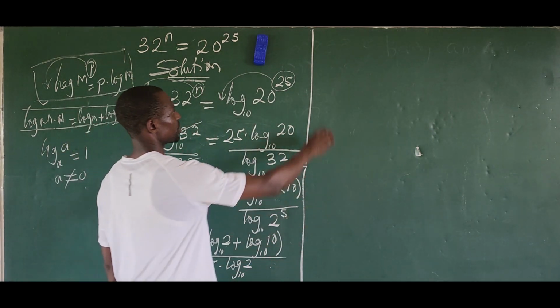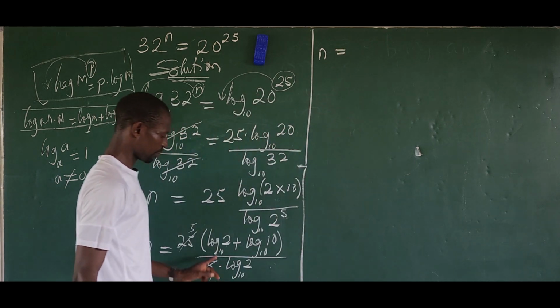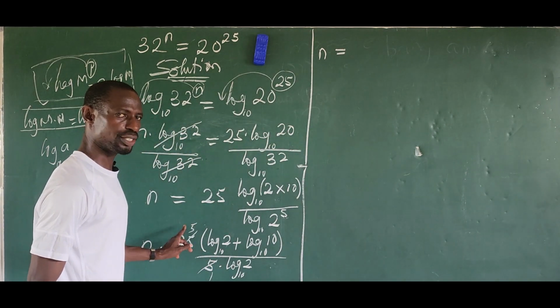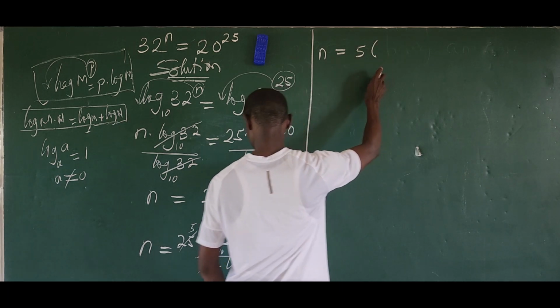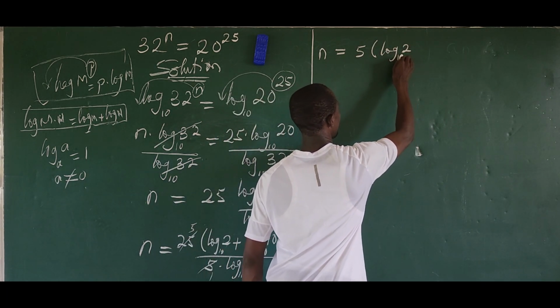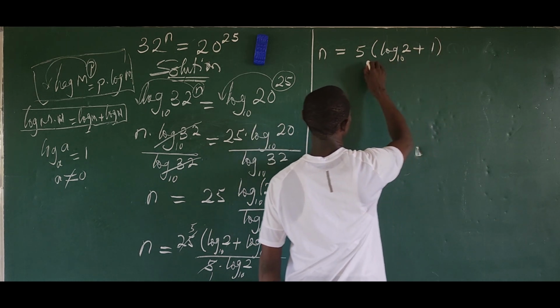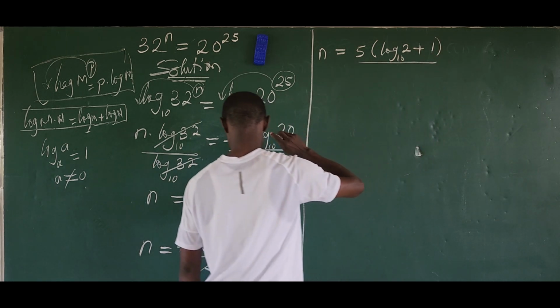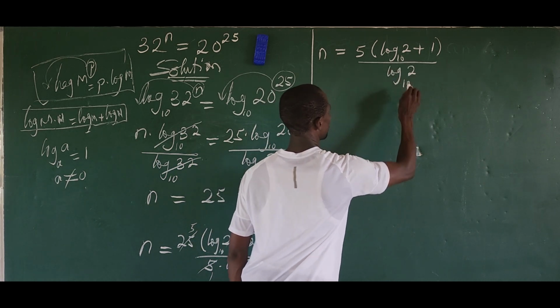And so this is going to end up giving us n will now be equal to, for the numerator, we are left with 5 into log 2 base 10 plus 1, close bracket, all over log 2 base 10. Easy.